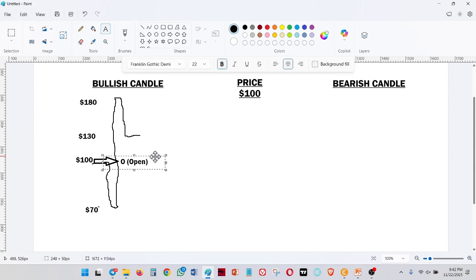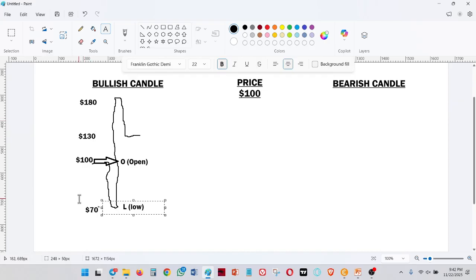We opened here at 100. Then the market pushed us down to what you call low. Right? Low. So we came low to what? We came low to $70.